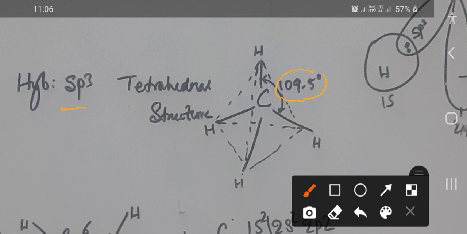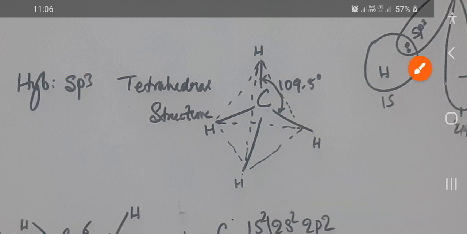Suppose the hybridization is sp3, then all are bond pair electrons, there is no unshared pair of electron, there are 4 bond pair electrons, so the bond angle will be 109.5 degree. Move on to the next part.